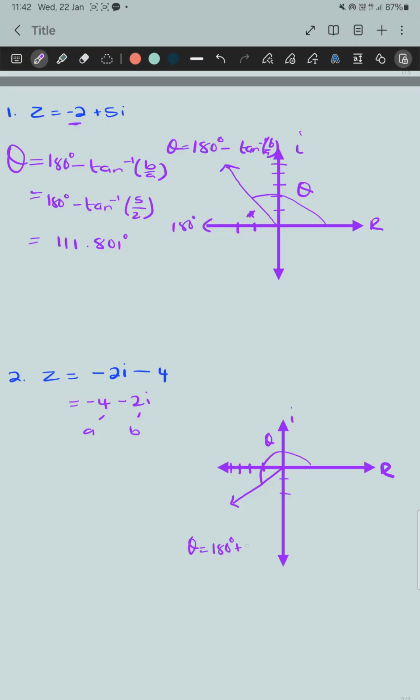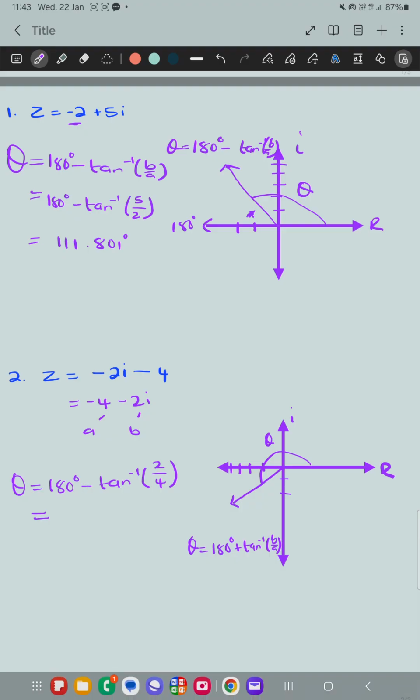I want this theta, where we agreed that our theta equals 180 degrees plus arctan B over A. So I'm going to have my theta here equals 180 degrees minus arctan. My B is 2 and my A is 4. As I said, ignore the signs because the formula takes care of the signs. All right, let's do that and find it quickly. It's a plus. Goodness, I don't know where my mind is at today.